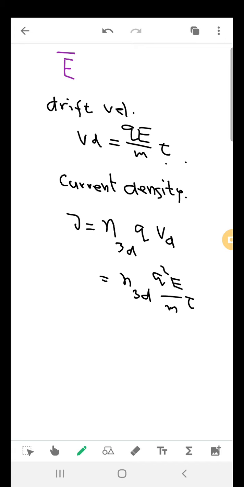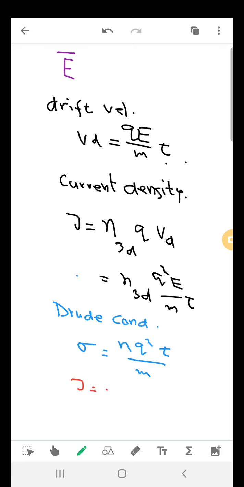So we can find out the conductivity sigma, which is n q squared τ by m, because J is equal to sigma E.